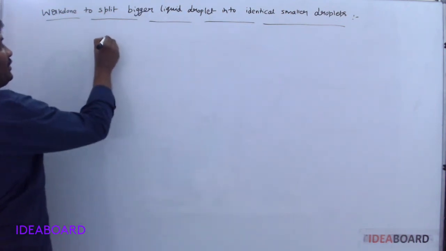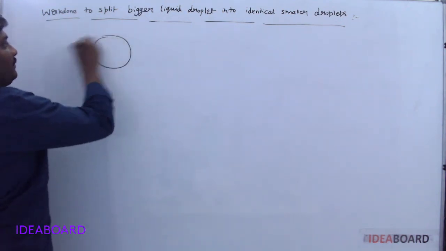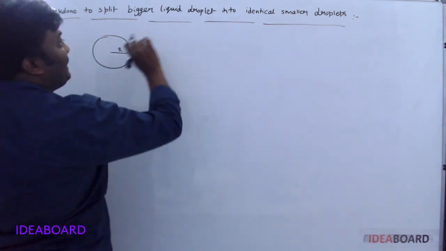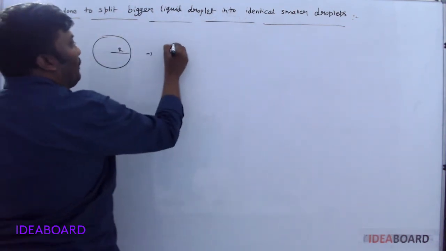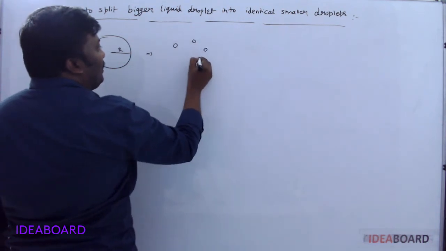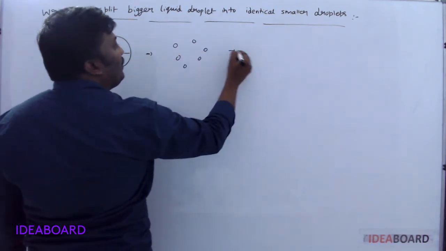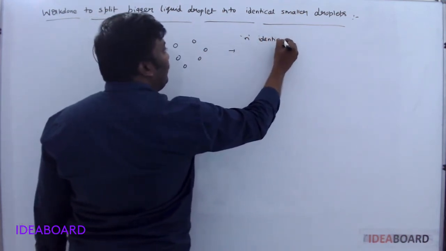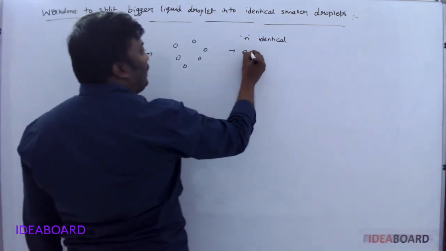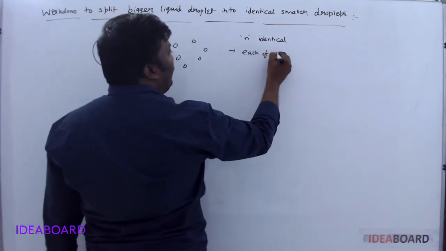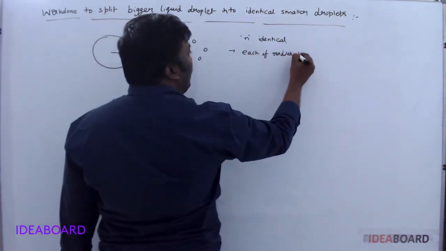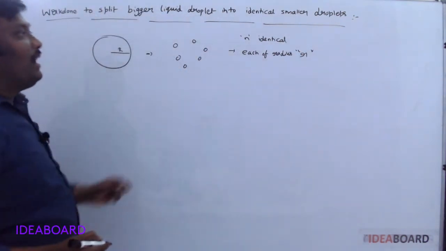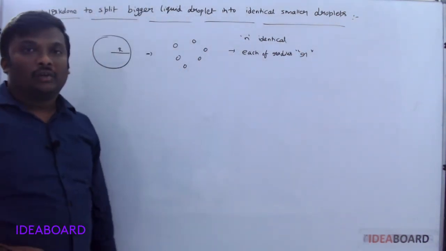Let us see. They consider one bigger droplet of radius capital R that splits into a number of smaller droplets. How many? N identical smaller droplets, each of radius small r.